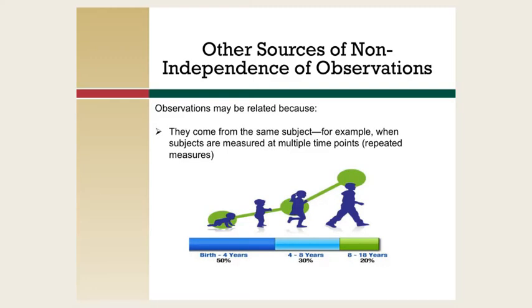There are a lot of sources of non-independence of observations that we have to be aware of as evaluators, because observations may also be related because they come from the same subject, the same child. This happens when we are measuring the same child at multiple points in time, repeated measures.